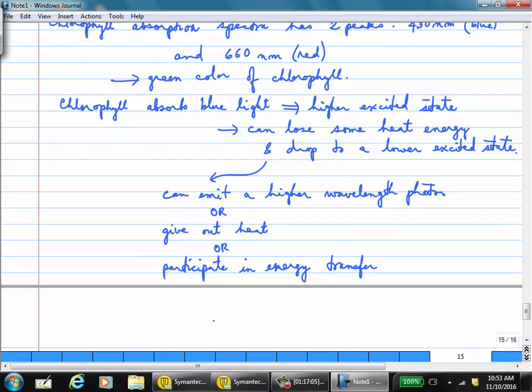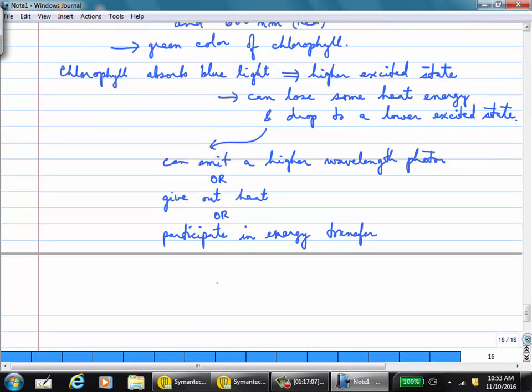And the last thing that it could do is participate in photochemistry, that is, the light reactions of photosynthesis.